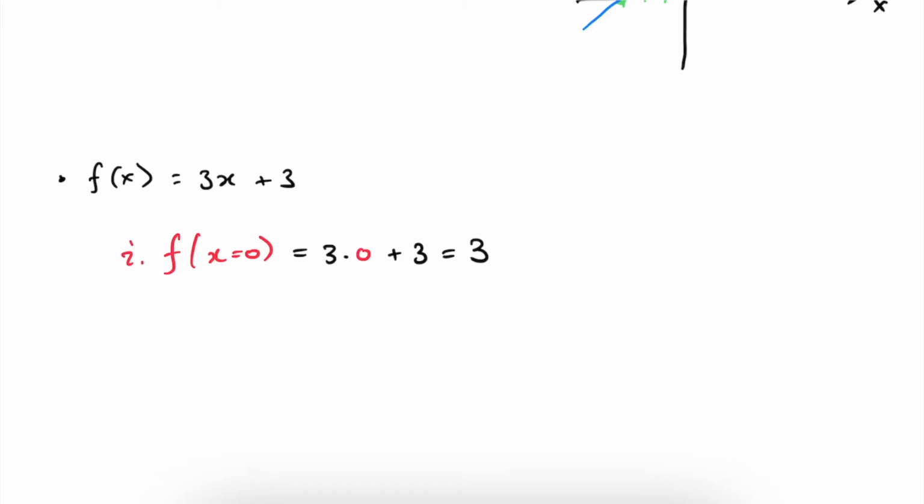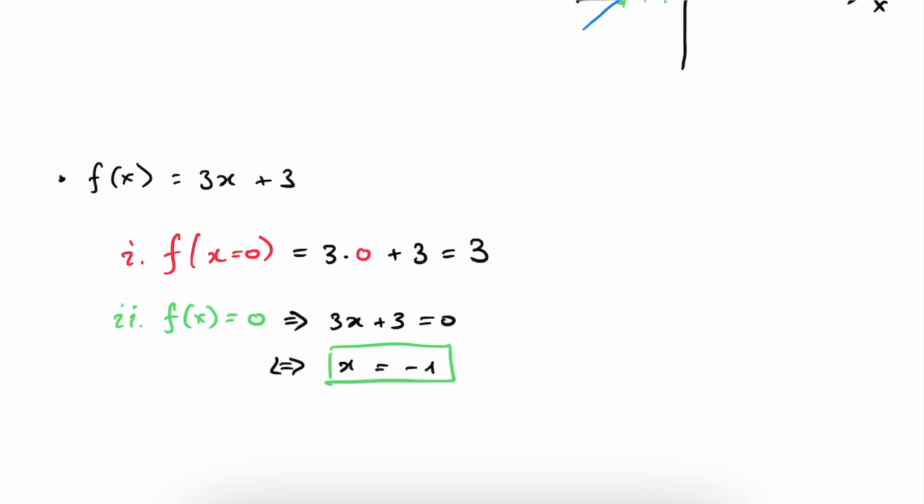Let's now look at the second point, which is where f of x is equal to 0. So this means that we have to solve the linear equation 3x plus 3 is equal to 0. And again, you can watch the previous video, but in short, if we subtract 3 from both sides of the equation and then divide by 3, we get that x is equal to minus 1. And this is our second point.